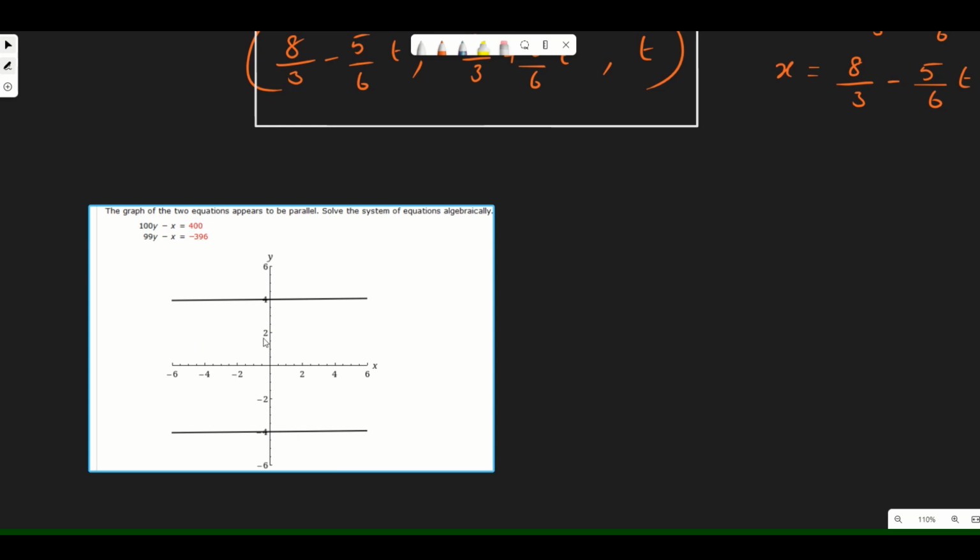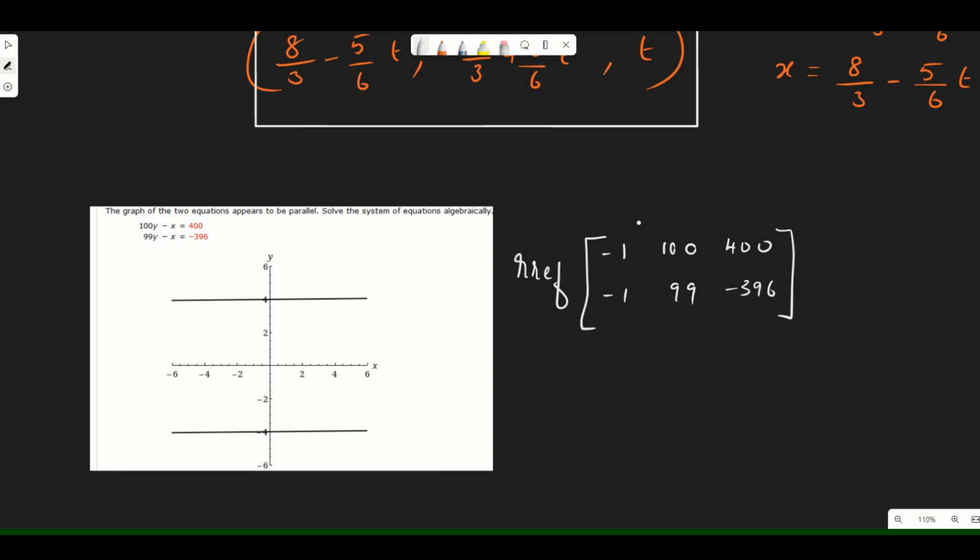If you solve this manually, you can solve it by the elimination method or the substitution method, whichever you prefer, because it is a simple system in two unknowns, x and y. Or maybe you can make use of the calculator also. You can find the reduced row echelon form. The x coefficient is -1, the y coefficient is 100 for the first one, 400; -1, 99, -396.